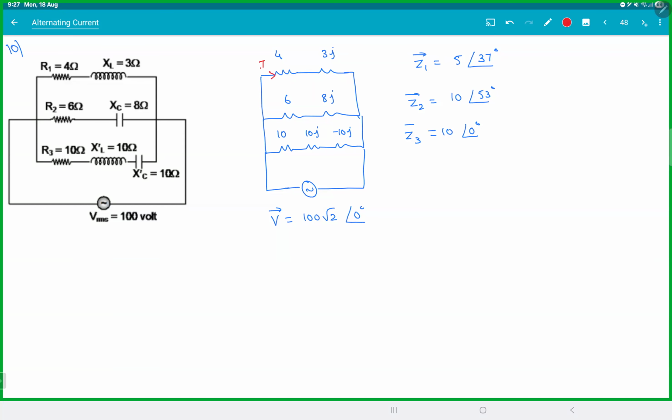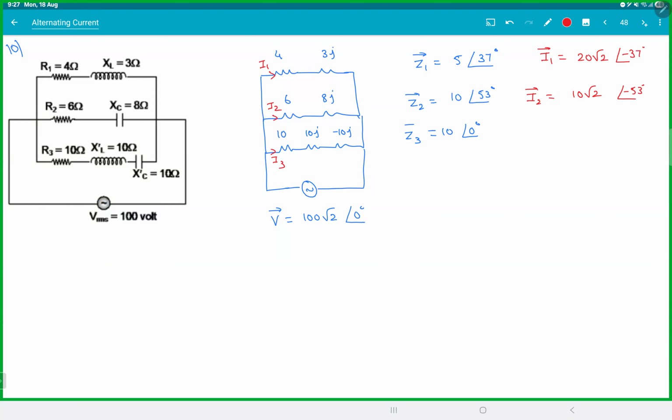Let the currents be I1, I2, I3. So I1 bar will be 100 root 2 by 5, that is 20 root 2, minus 37. I2 bar will be 100 root 2 by 10, 10 root 2.